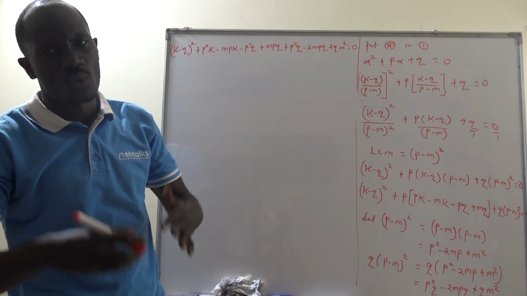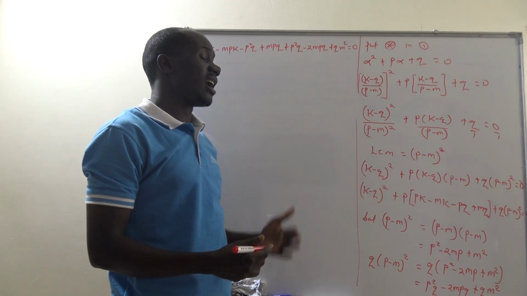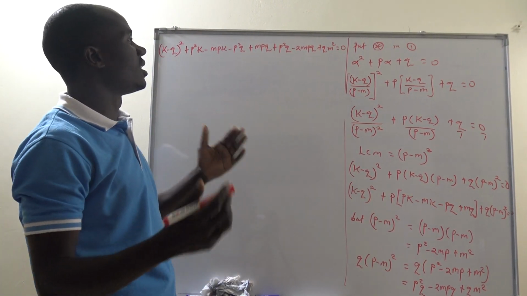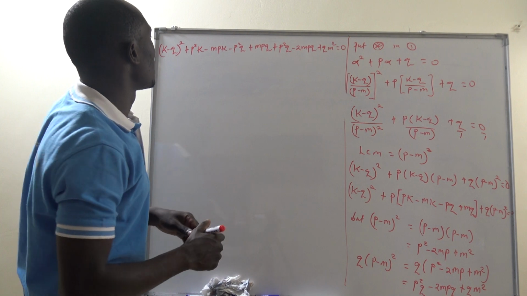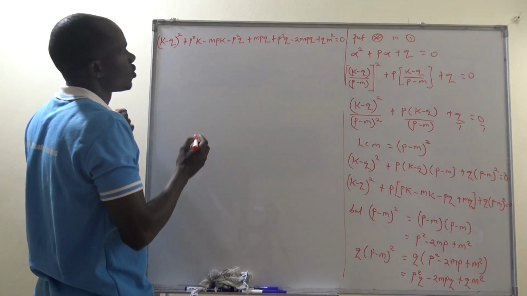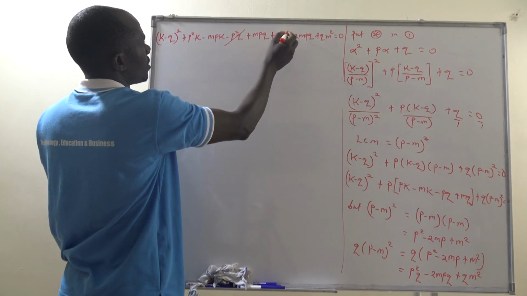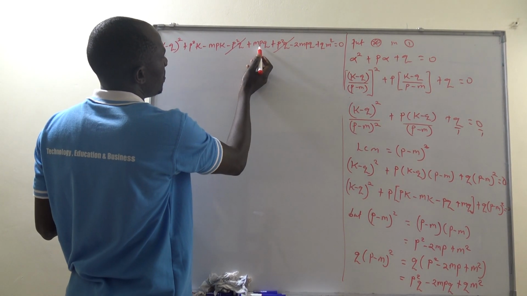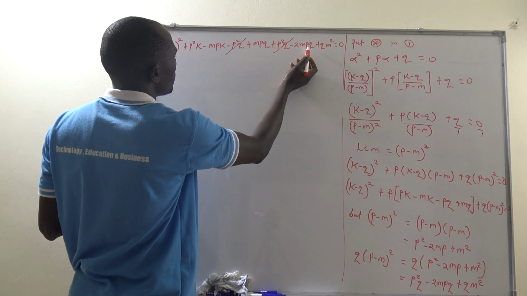Then from there we are free to go ahead and collect like terms where possible. I told you with these numbers you need to be very, very careful. You can see p squared q is going to disappear with this. We also have mpq which can be collected with this.